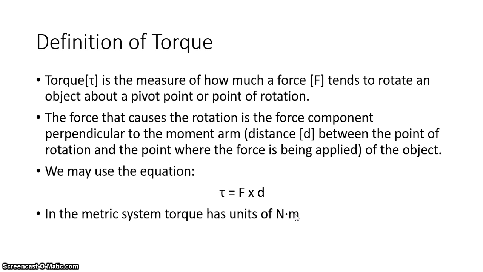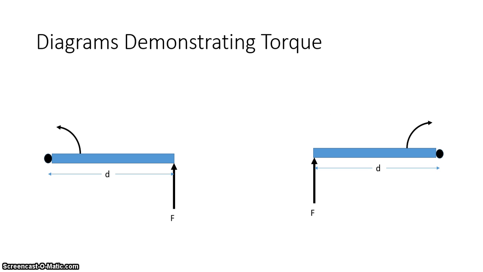Okay, so now in this diagram, we've heard the definition of torque, but that was just a definition. So let me give you a graphical example of what we're talking about. So we have this force that's being applied here to this object. This object is affixed at this point right here.